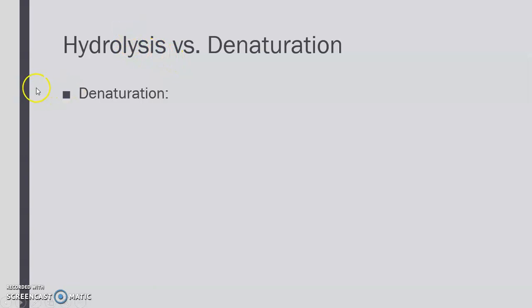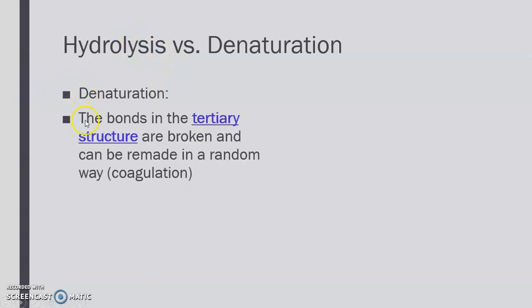Now, before we talk about denaturation, how do these two processes differ from each other? Okay? For denaturation, we know that it is actually the bonds in the tertiary structure that are broken. For example, all those hydrogen bonds or ionic interactions among the side chains on the different parts of the polypeptide chain, that are responsible for tertiary structure.